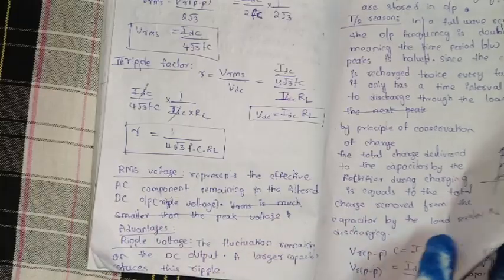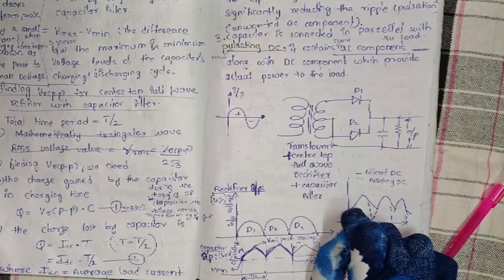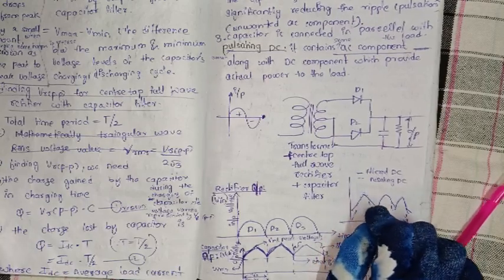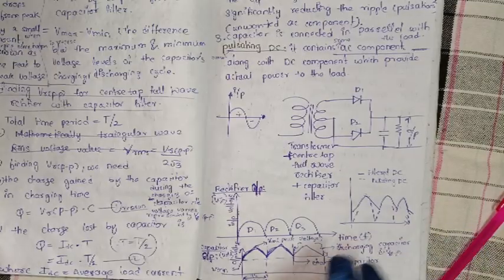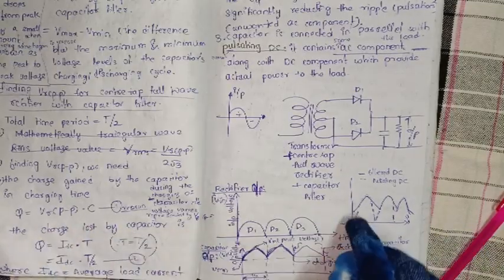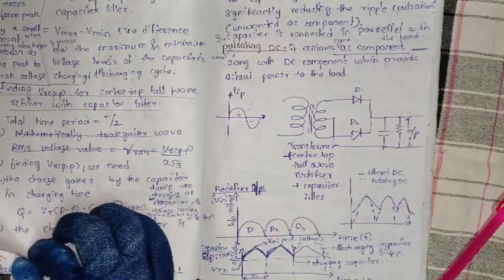I will show this one. Due to the AC component only, these fluctuations are there. So this represents the AC component, these fluctuations.